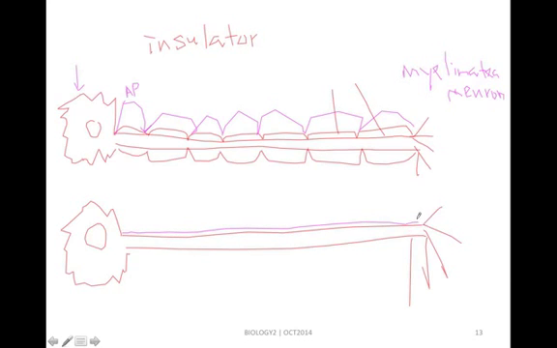So it is much slower as opposed to the myelinated neuron where the action potential jumps from node to node. Here are the gaps where there is no myelin sheath, what we call the nodes of Ranvier.